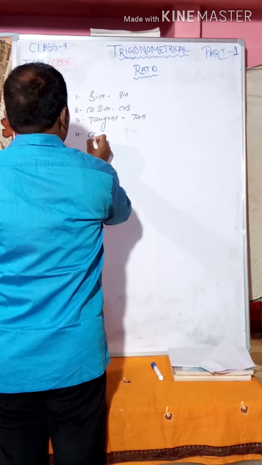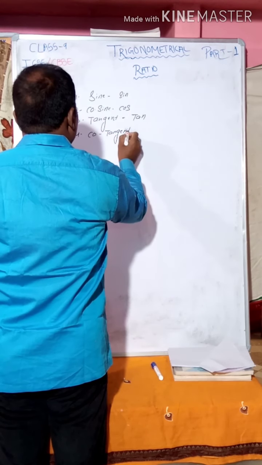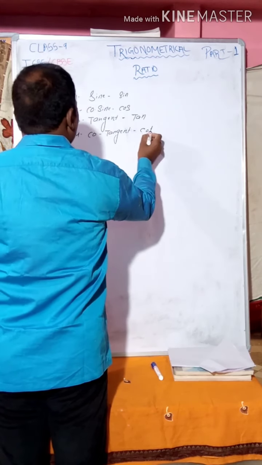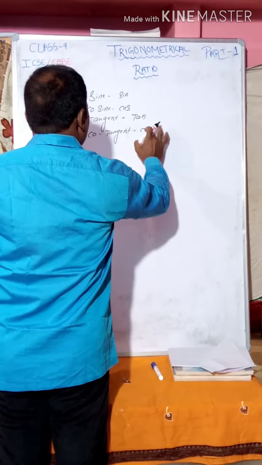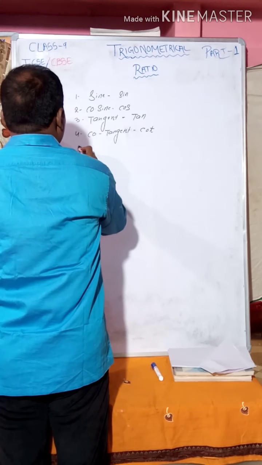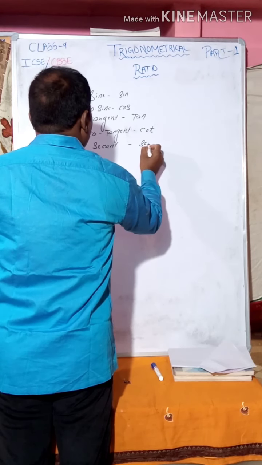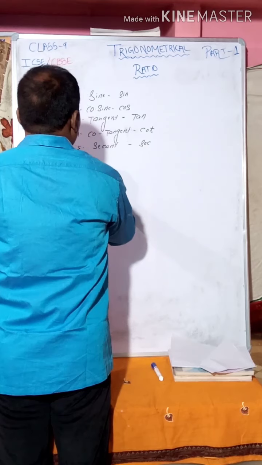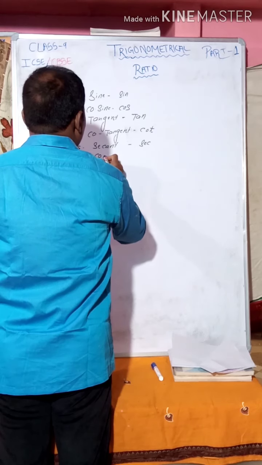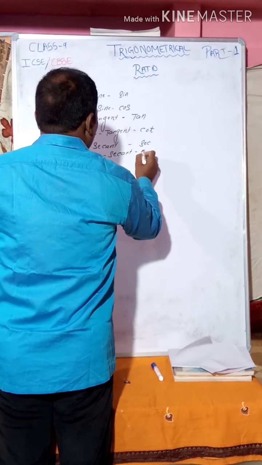Number 4, cotangent, that is the shortcut cot. And number 5, secant, that is in short form sec. And number 6 is cosecant, cosec.